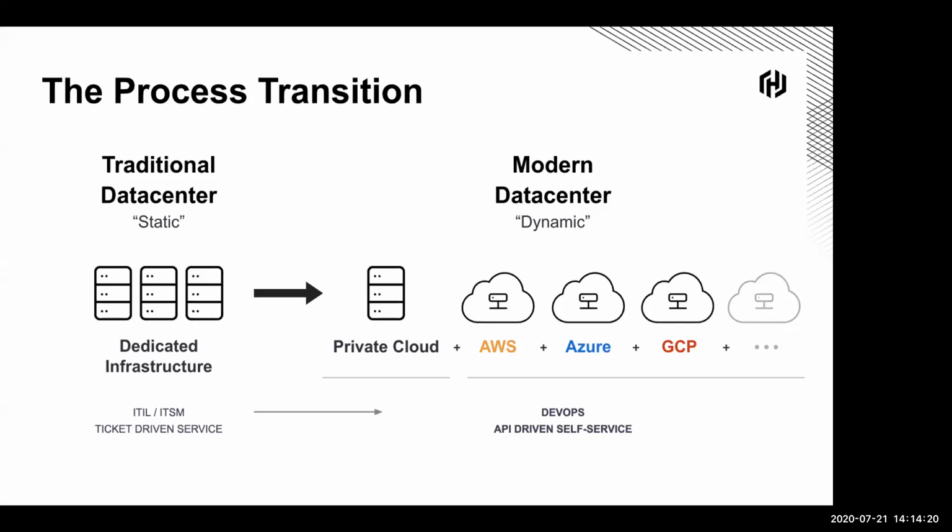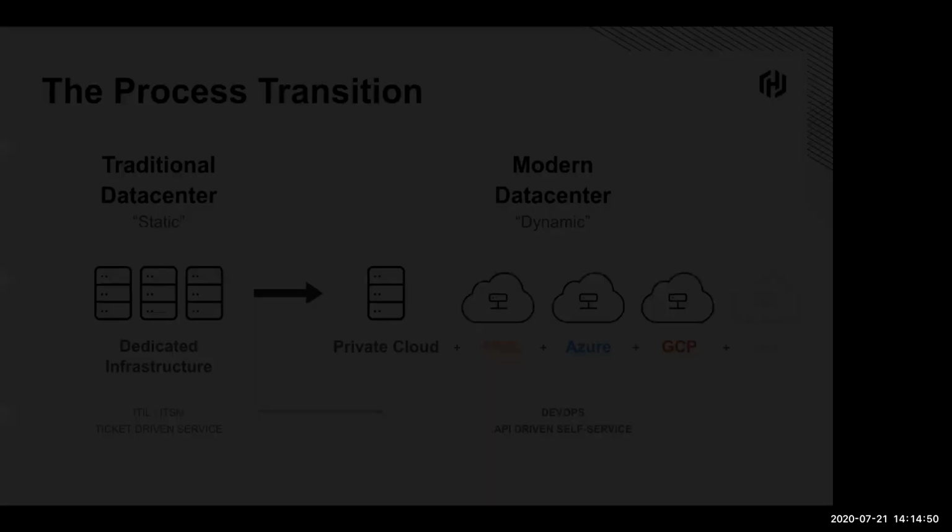I don't want to wait weeks or months for a VM to be presented to me or hardware to be provisioned or storage to be allocated, et cetera. I can get those in the cloud very dynamically. And so I have this demand, it's not necessarily about the underlying tech, it's about the self-service experience. And so if we're talking about traditional data centers, we're essentially moving away from ITIL, ITSM ticket management systems and more into API-driven self-service.